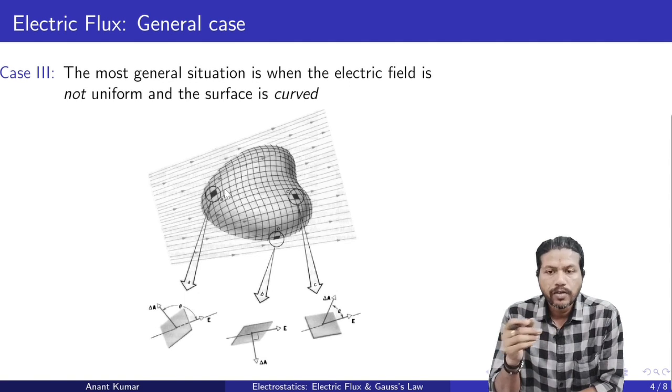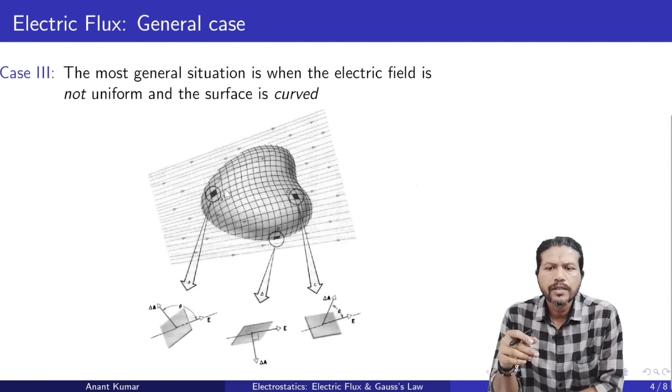the variation of the electric field in that region could be neglected, even if there is any. I mean, if the electric field changes from one point to the other point, I am going to take each of the portions to be so small that any variation of the electric field could be neglected. And secondly, the parts must be small enough so that the curvature could be neglected as well.